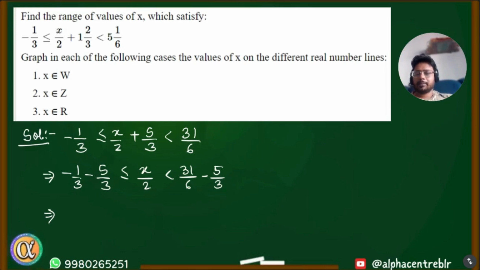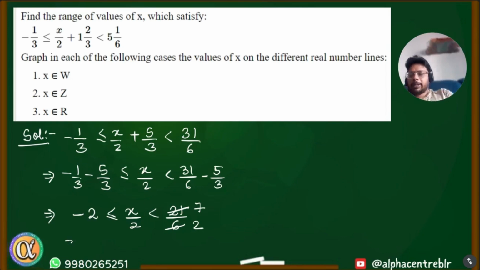Minus 1 by 3 minus 5 by 3 is nothing but minus 6 by 3, which I can simplify and write as minus 2, less than or equal to x by 2, less than 21 by 6, which is 7 by 2. So in an inequation, if you subtract the same number from all the terms, the inequality does not change.